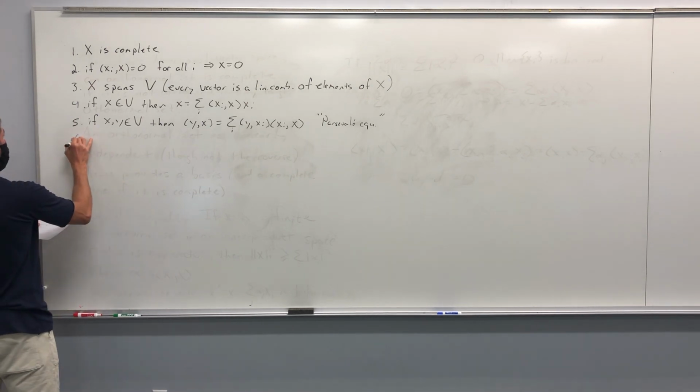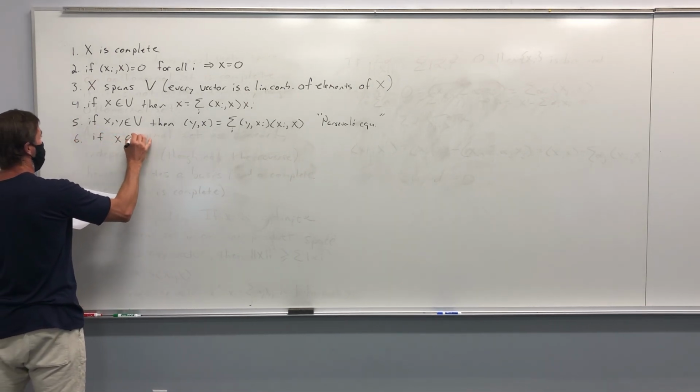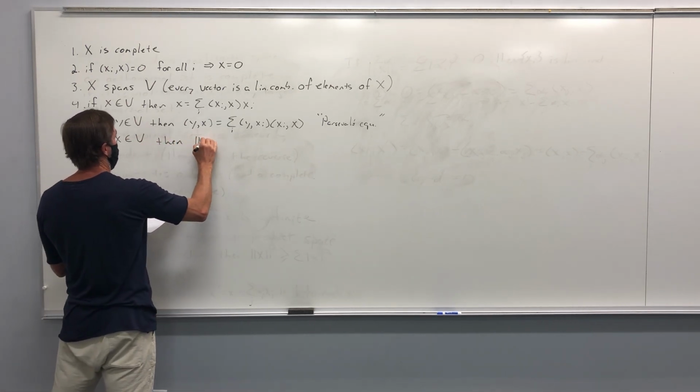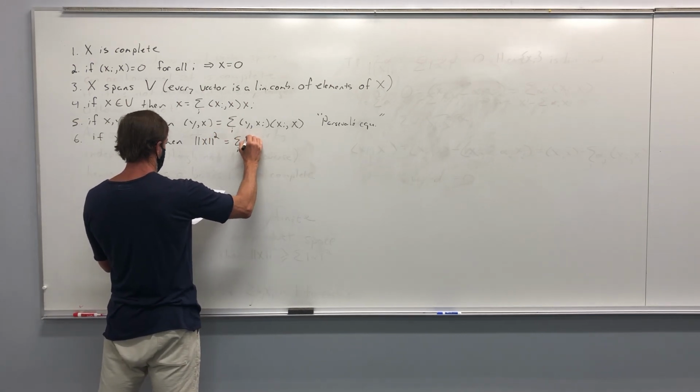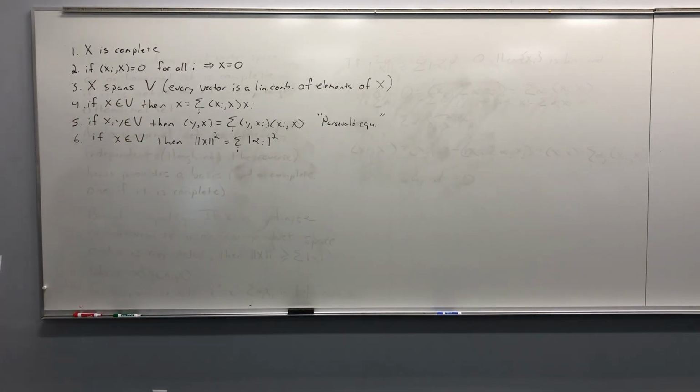And then last but not least, 6. If x is contained on V, then the magnitude of x squared is the sum over I of alpha I squared. Question.